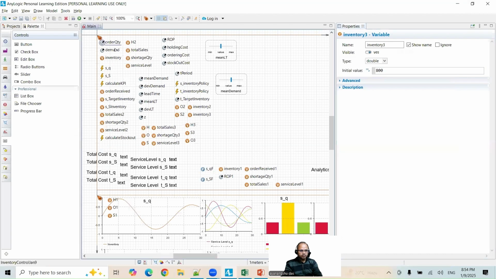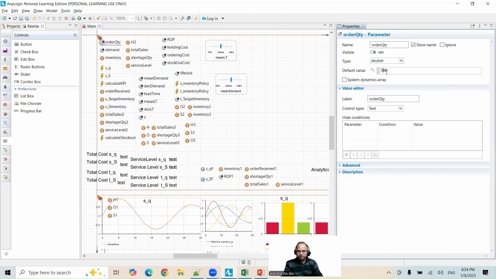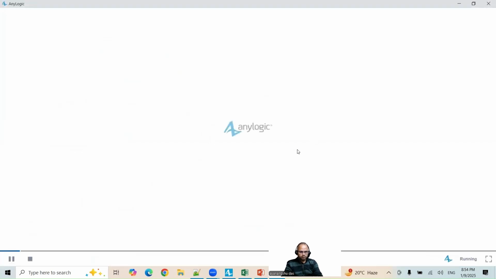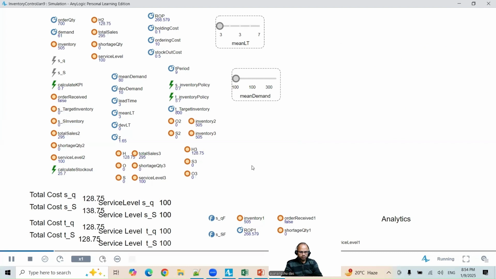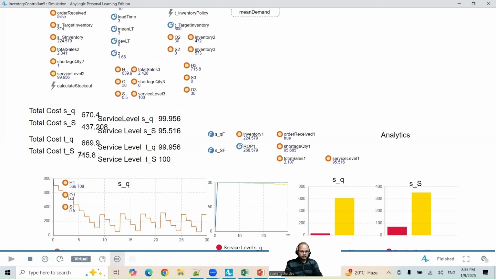So the order quantity we will reduce from 900 to 700 and see what the impact is. We see that for the TS policy, there is no change.